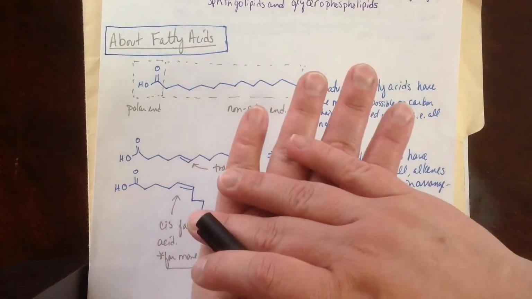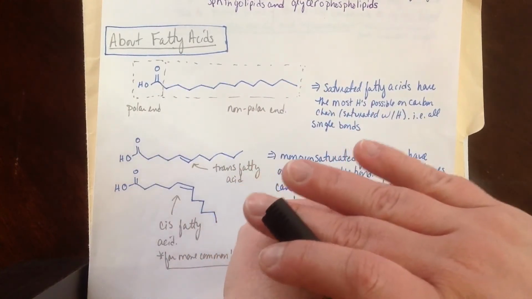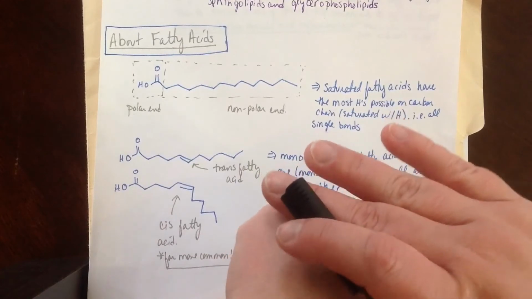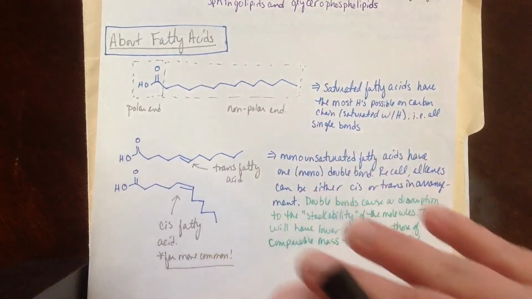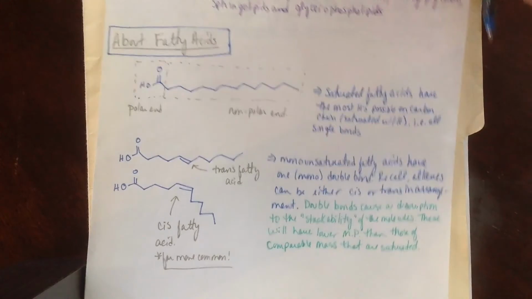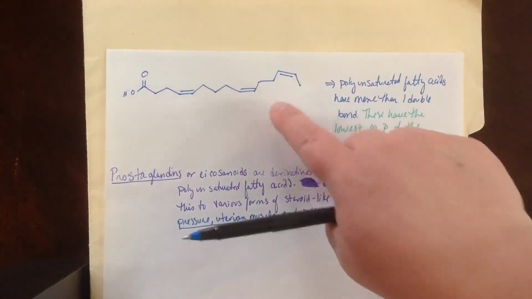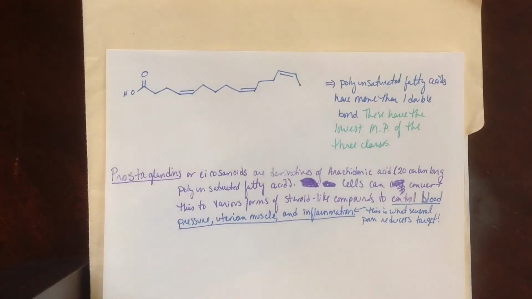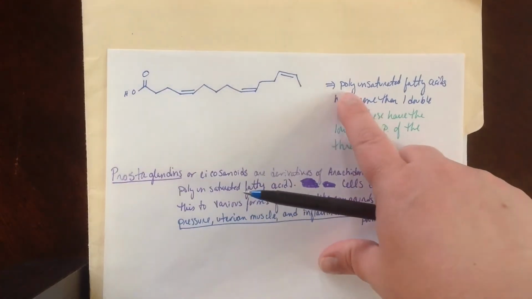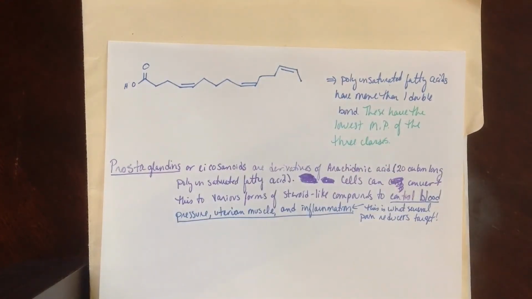But when you get to the double bond stage, like especially with that double bond here that's a cis, it starts to go like this, and so they don't have as much area to sort of stack on top of each other, and therefore they're not attracted to each other as much, and will kind of fall apart easier, and that's why the melting point is lower. Okay? So if you look at something like this with all kinds of double bonds in it, that's what we call a poly, in other words, many unsaturated fatty acid. Their melting point is even going to be much, much lower.